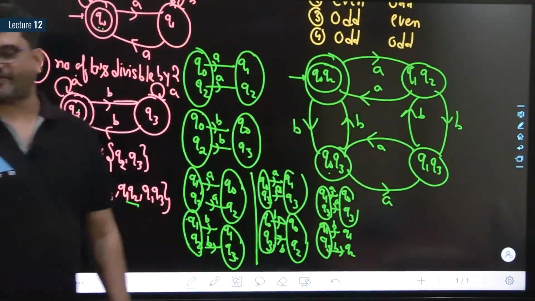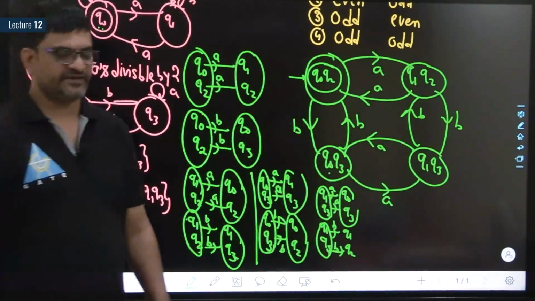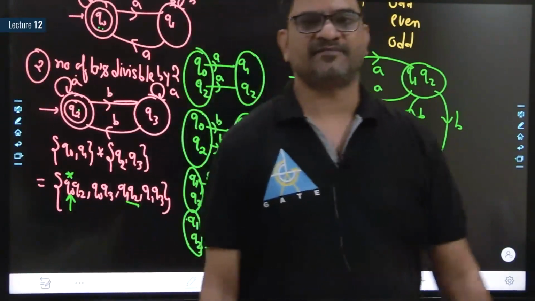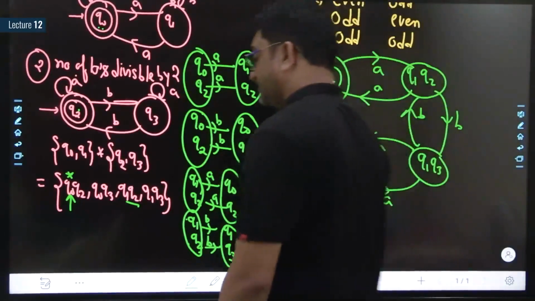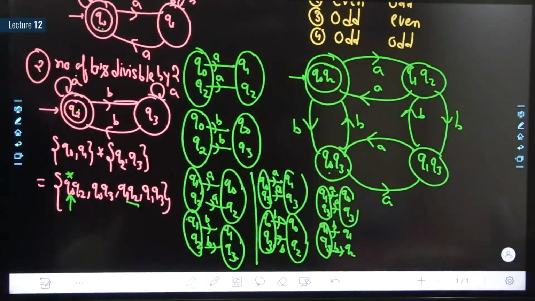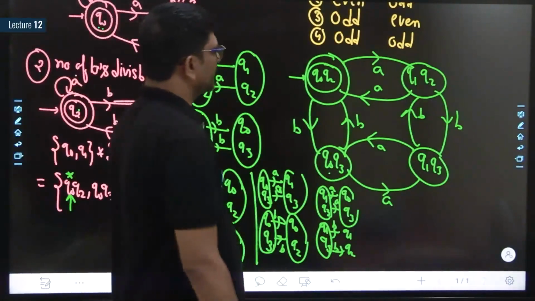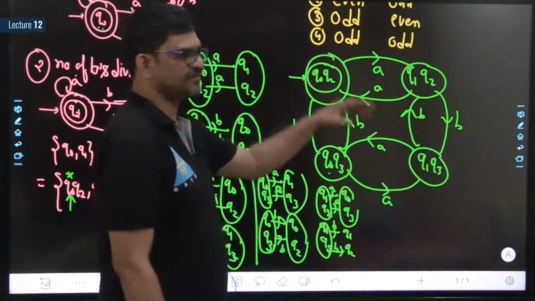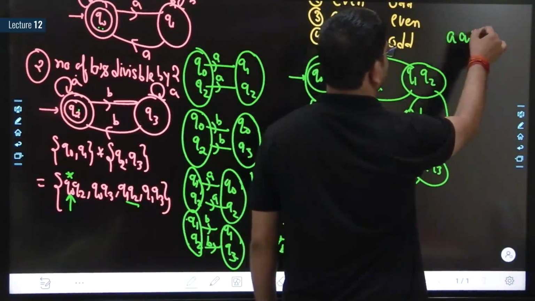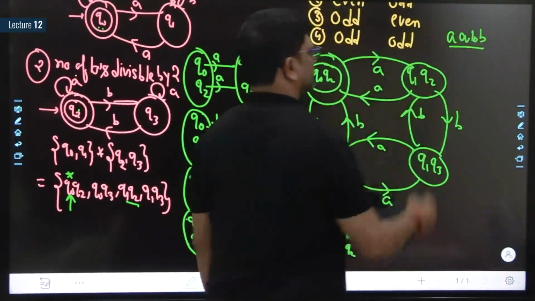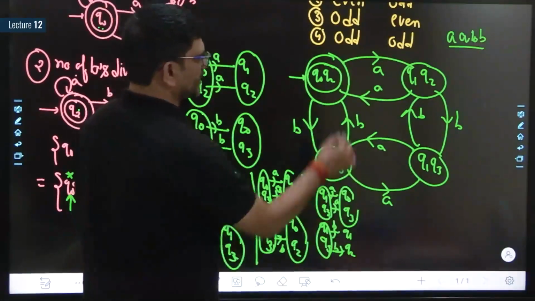This is the DFA for the language where each string contains number of A's divisible by 2, and listen carefully, and number of B's divisible by 2. Divisible by 2 means number of A's is even and number of B's is even. Check any string, A B. Is it accepted by this DFA or not?